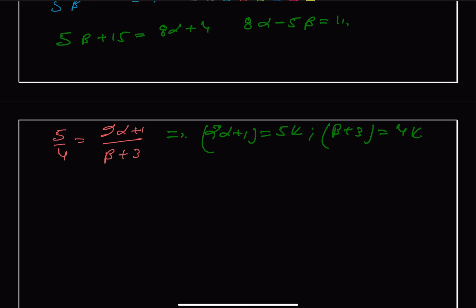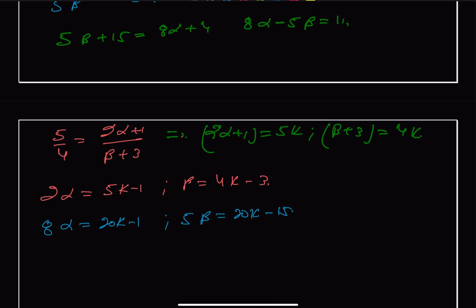So we get 2 alpha will be equal to 5k minus 1, and beta is equal to 4k minus 3. Therefore, multiplying it by 4, we get 8 alpha is equal to 20k minus 4, and 5 beta is equal to 20k minus 15.